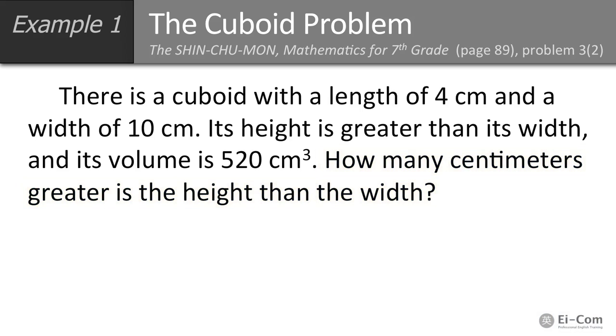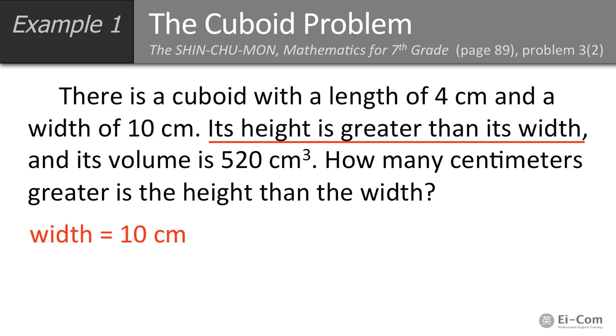So, do we know the values of the height and width? Well, we know the width is 10 centimeters, because that is given in the problem. Now, about the height, the problem only says that the height is greater than the width. So we can note that here using the greater than symbol.